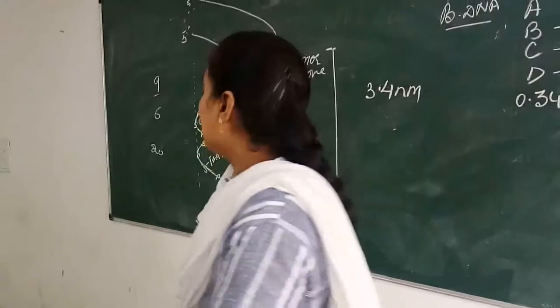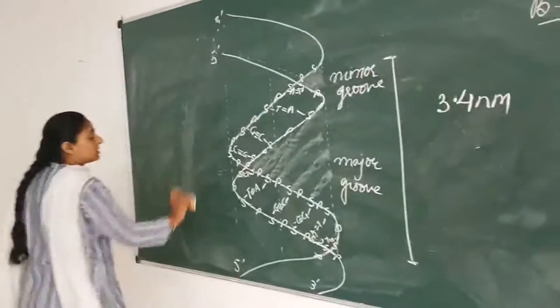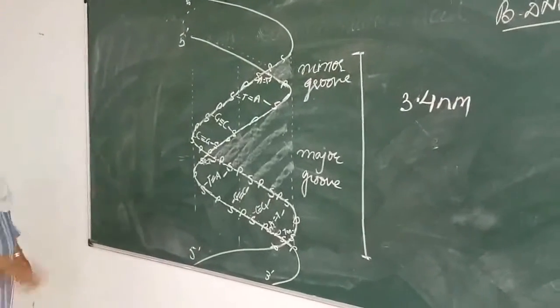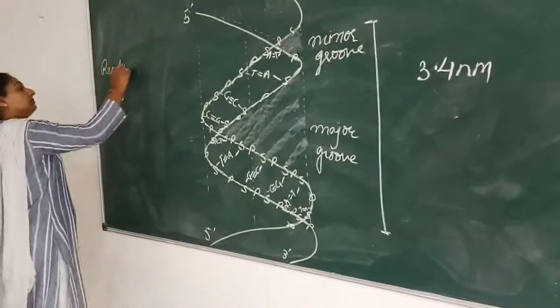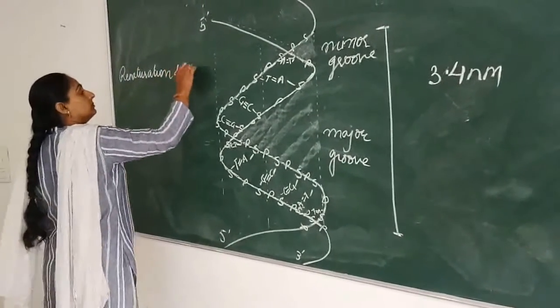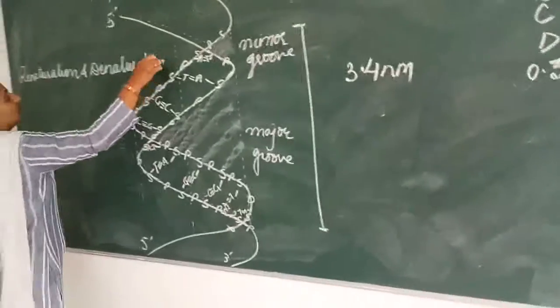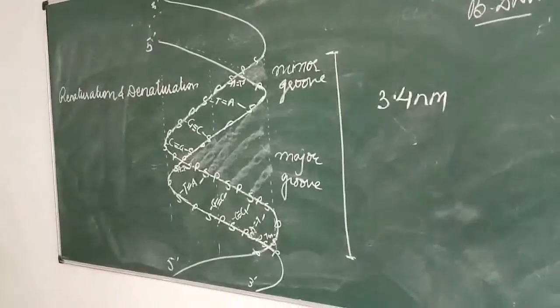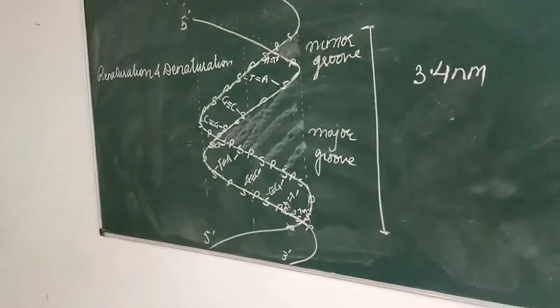Now a few properties are there, for example, renaturation and denaturation.